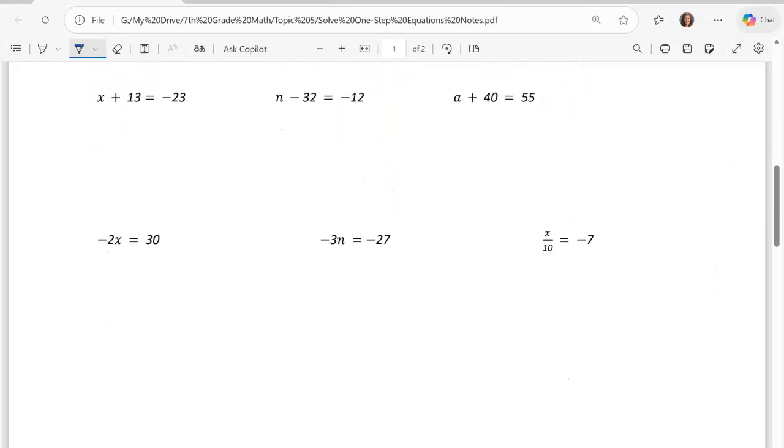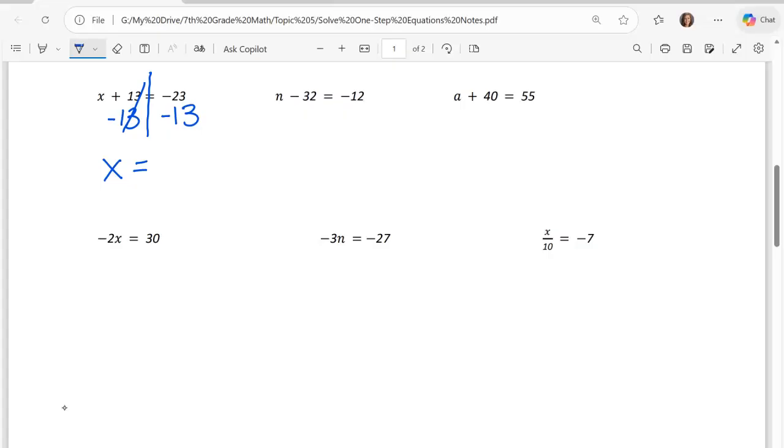Okay, let's do some more with negative numbers. So we have x plus 13 is equal to negative 23. I draw my line. To get x by itself, I need to get rid of that 13. The opposite is subtracting 13 from both sides. 13's cancel out. X equals, okay, we have negative 23 minus 13. A lot of us are going to be tempted to go, oh, 23 minus 13, that's going to be 10 or negative 10.